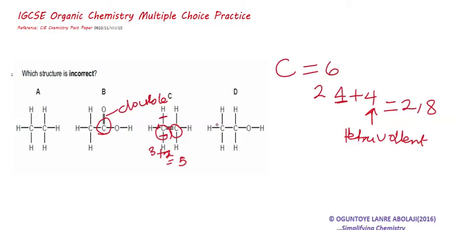So let's check these two to be absolutely sure. 4 bonds surrounding this carbon atom and 4 bonds surrounding this carbon atom. So which structure is incorrect? It is absolutely C. So the answer to this question is C. Is that taken? Good. Now let's go on to the next question.